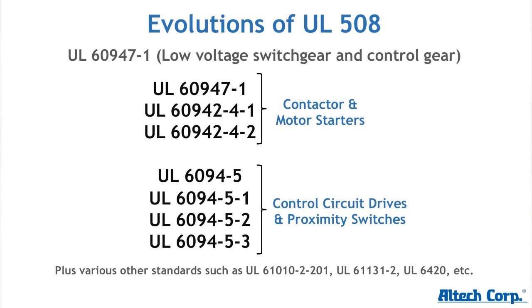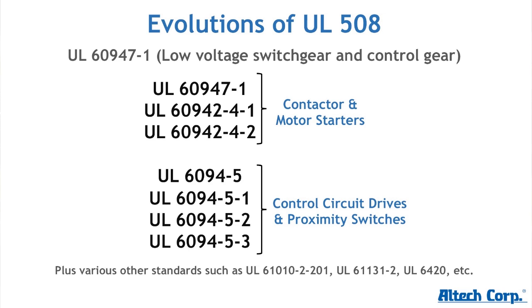UL is the main one here for the USA. There are about another 10 nationally recognized test labs, NRTLs, in the US, but all of them really base their testing on UL standards.